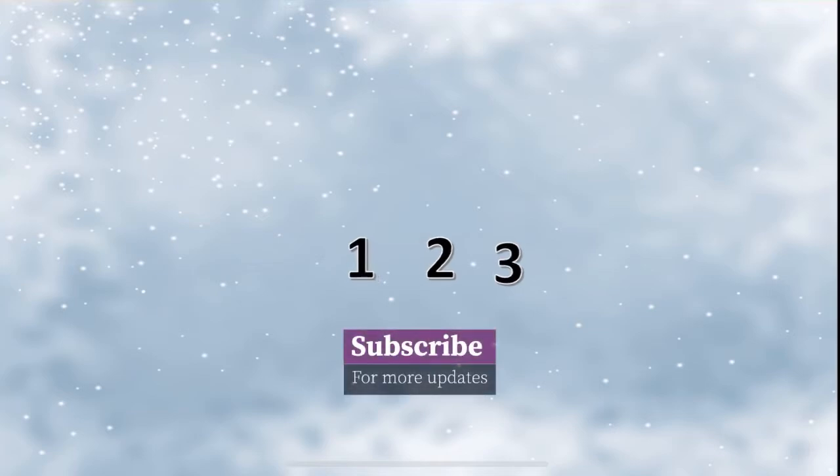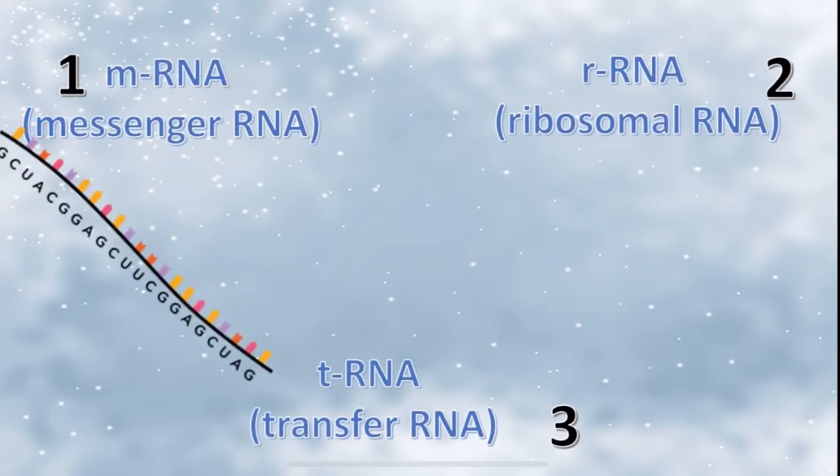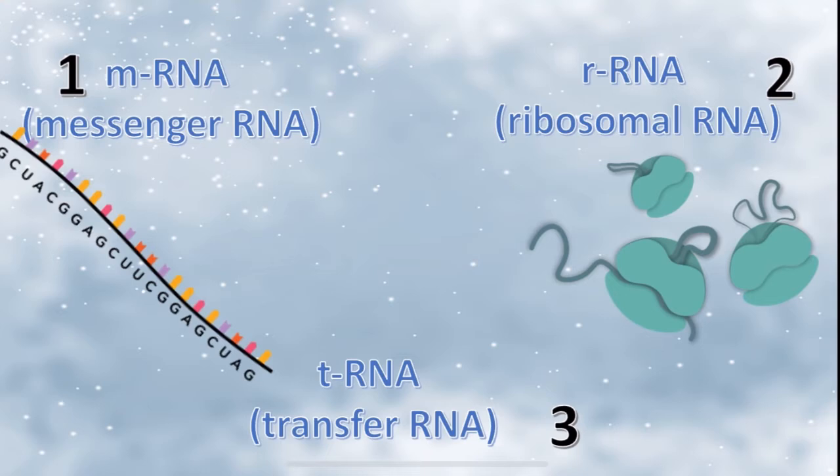Basically there are three main types of RNA. The first is mRNA, which is messenger RNA. It is a single-stranded and long structure. Another is rRNA, that is ribosomal RNA.